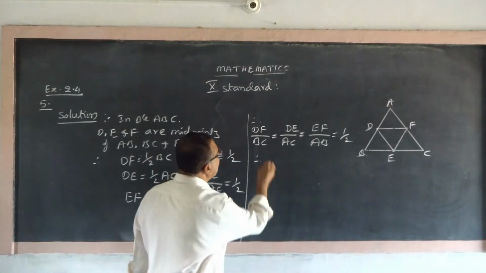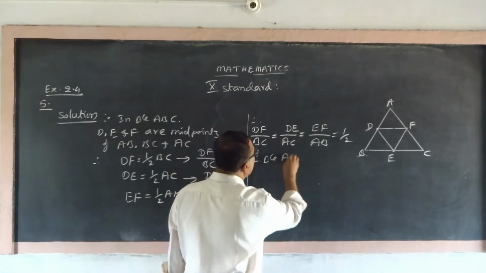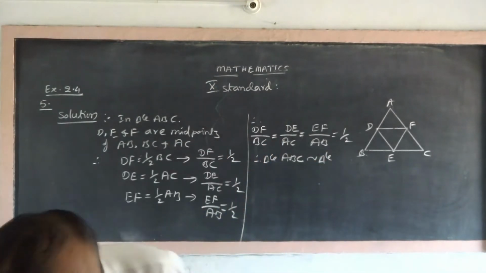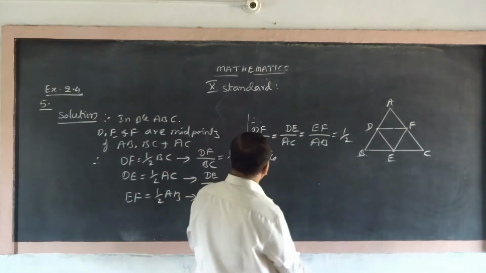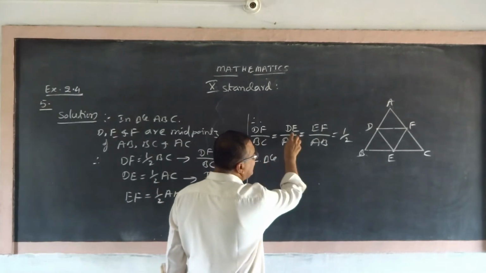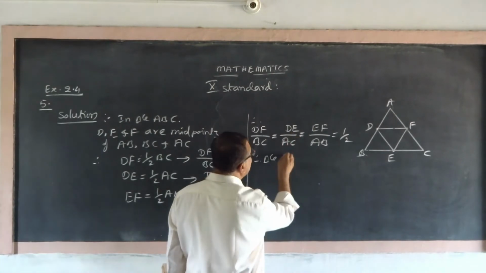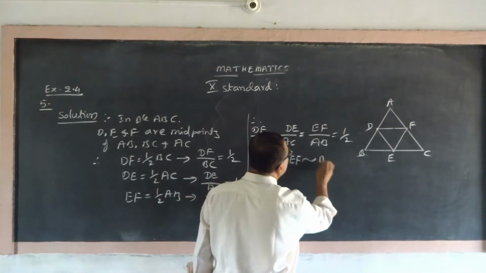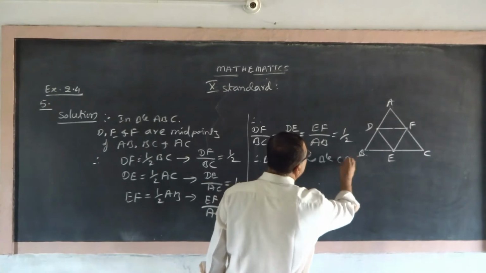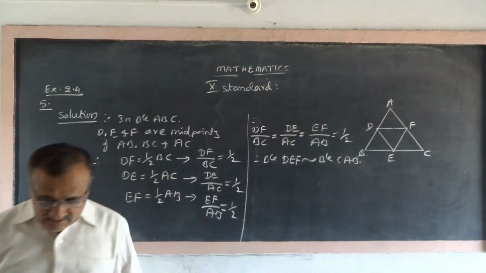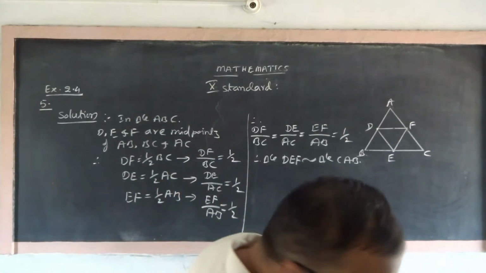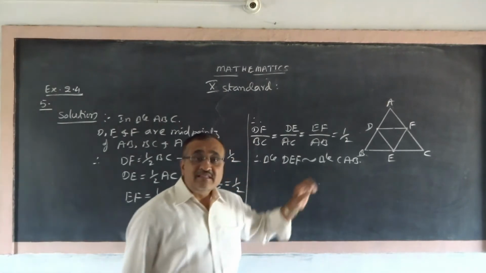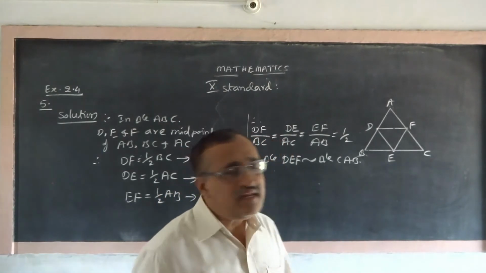Therefore, triangle ABC is similar to triangle DEF. Since DE comes in the numerator, we write it first: triangle DEF is similar to triangle CAB. Triangle DEF is similar to triangle what? CAB. So now take the proportionality of these sides. Now apply the theorem on areas of similar triangles.